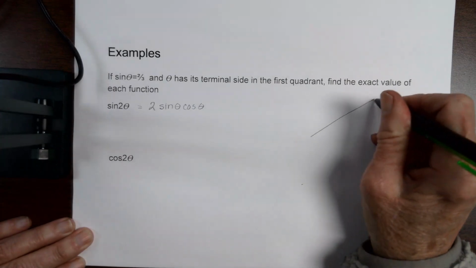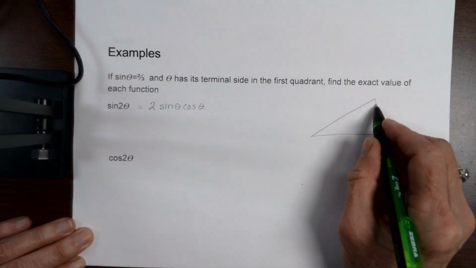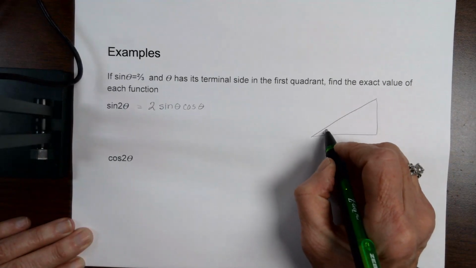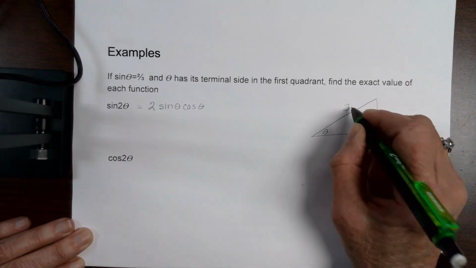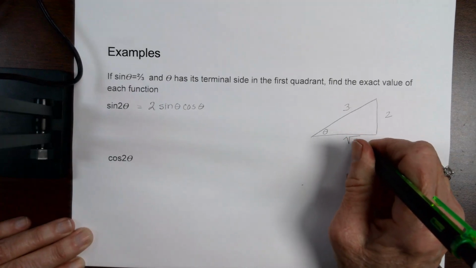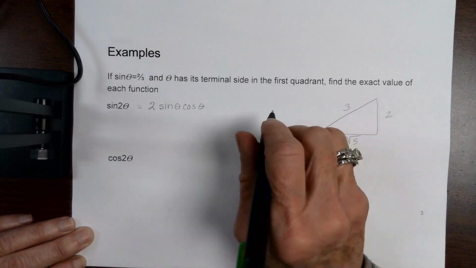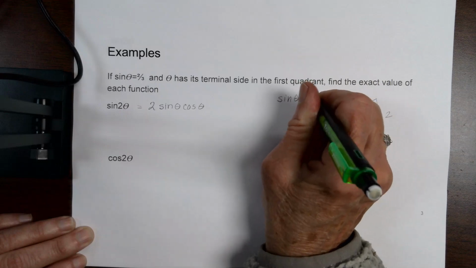Now, that's going to require me to find out what the cosine of theta is. I know what the sine is, so I'm going to draw my triangle. Here's theta. The sine is 2 over 3, or opposite over hypotenuse. And by the Pythagorean theorem, you're going to find that adjacent is the square root of 5. So the sine of theta is 2/3.